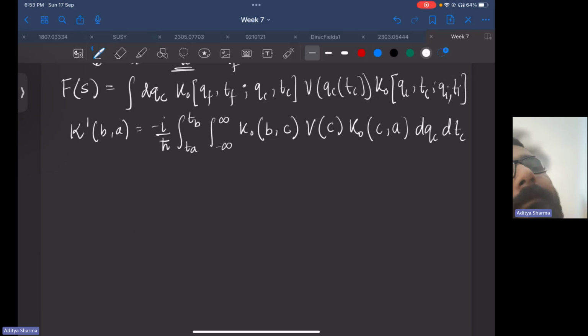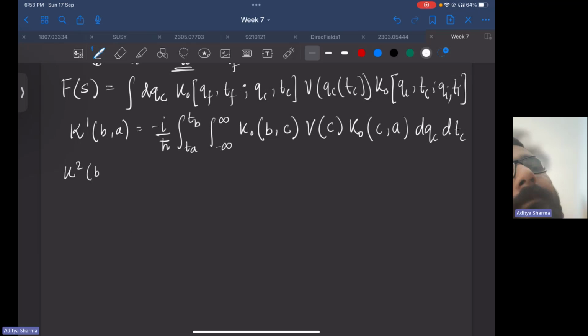So similarly, we'll have k2 as however you want. You may want to take the integral.